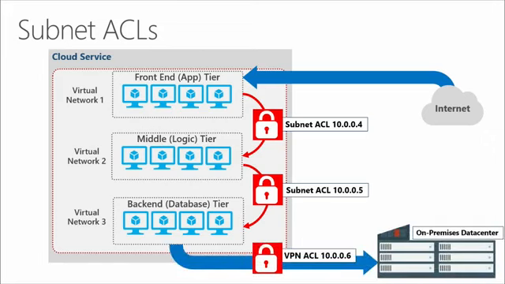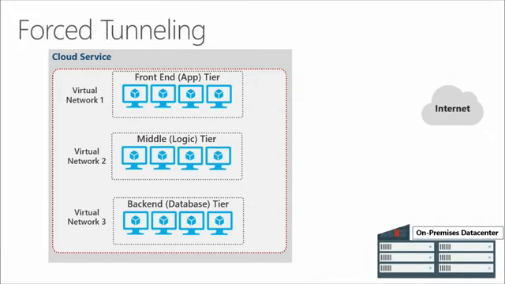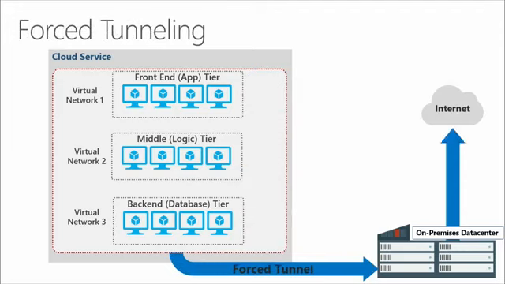Another cool feature we call is force tunneling. Especially for database servers, we don't want these servers to be exposed to internet directly. So you can basically configure Azure so the database tier virtual machines should not be accessing the internet.